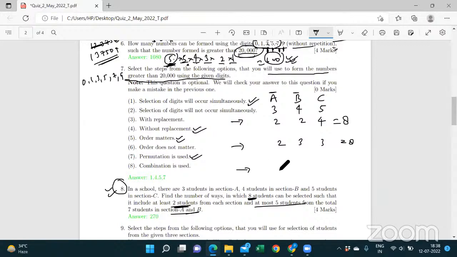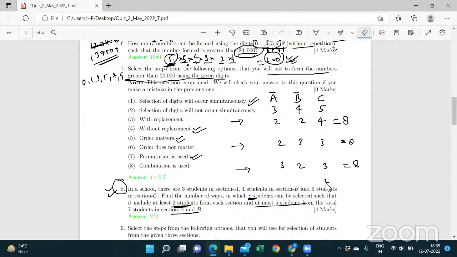Again 3, 2, 3. So these are the possible cases, 3 ways. We cannot do 3, 3, 2, because A and B should be at most 5, but if we do 3, 3, 2, then it will be 6. So this will not be a case we need to consider.